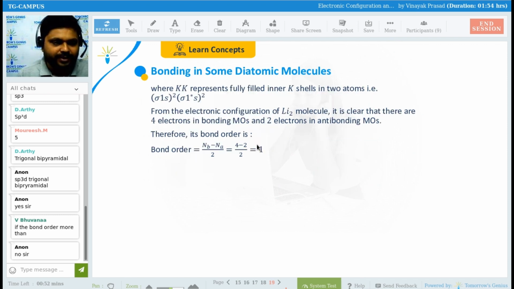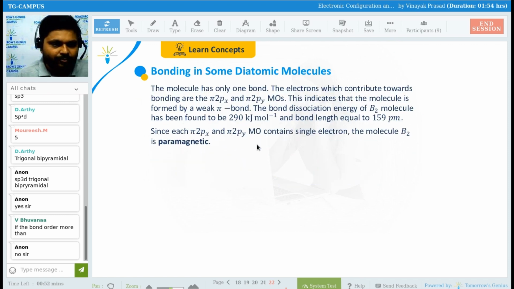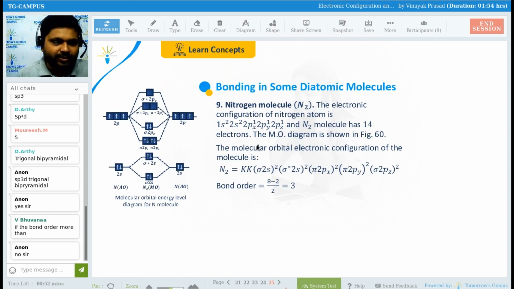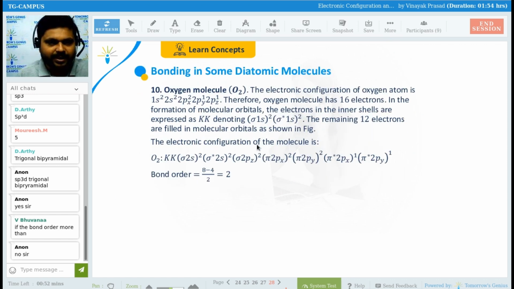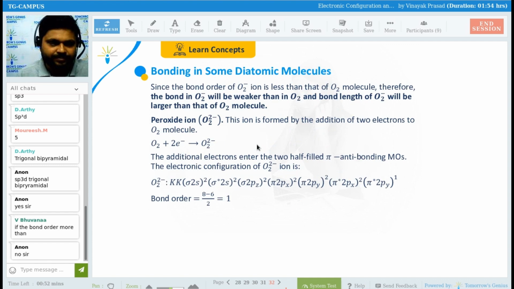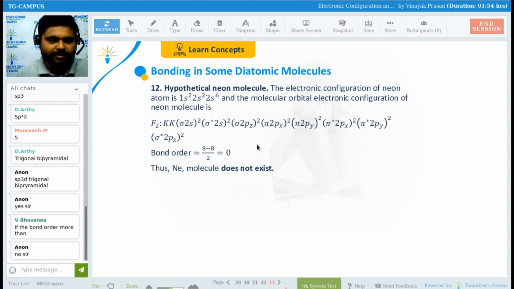Do you remember, or have you forgotten? What should be the general rule to write the electronic configuration? Do you remember how we can write that? First tell me that.